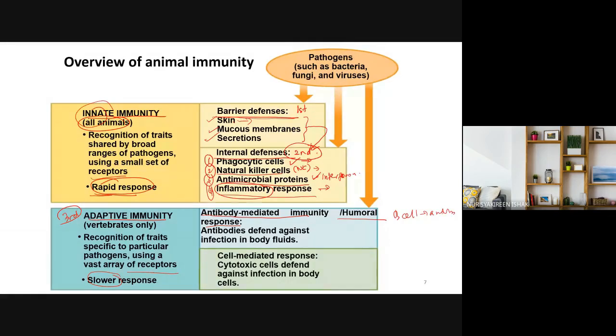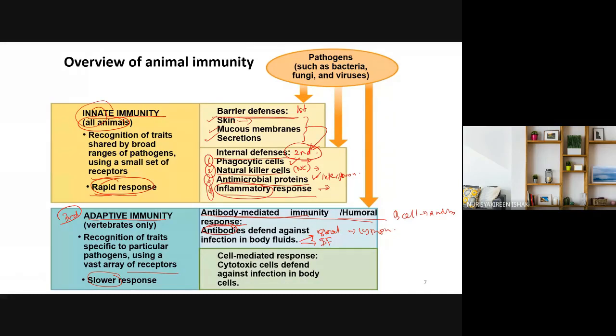Okay, antibody that circulates in your body fluids: blood, interstitial fluid, and also lymph. Okay, lymph. Okay. So that is humoral immune response or antibody mediated immune response.